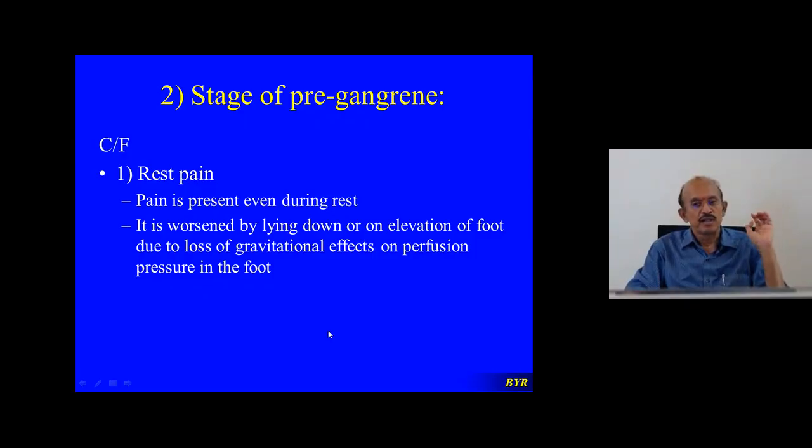So remember this point. So the gravitational effects on perfusion pressure will be there. This is because of gravitational influence on the blood vessels. So whenever limbs are elevated, there will be vasoconstriction, and there is still more decreased blood supply producing aggravated pain.